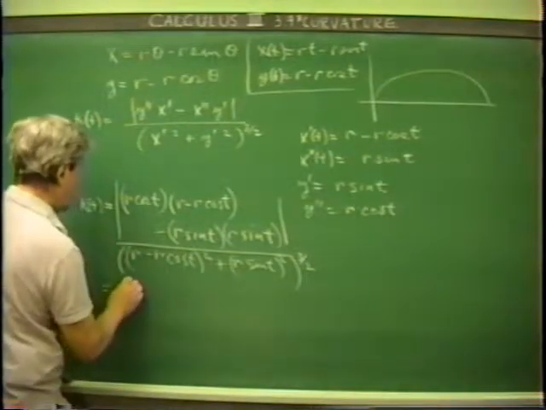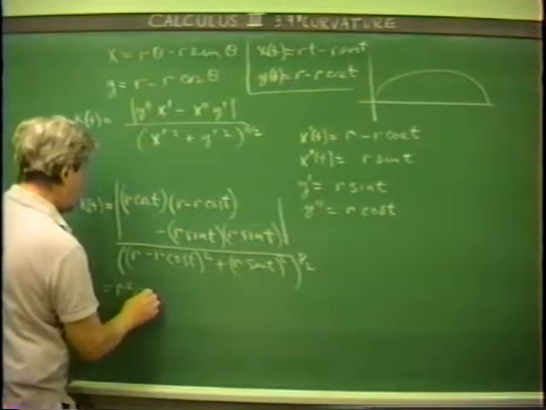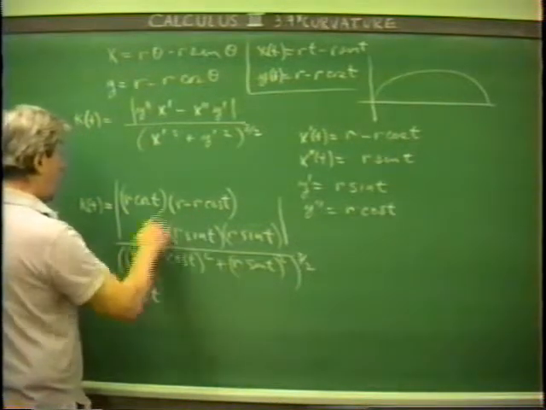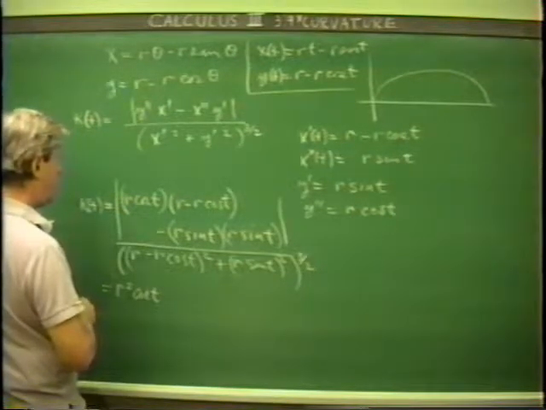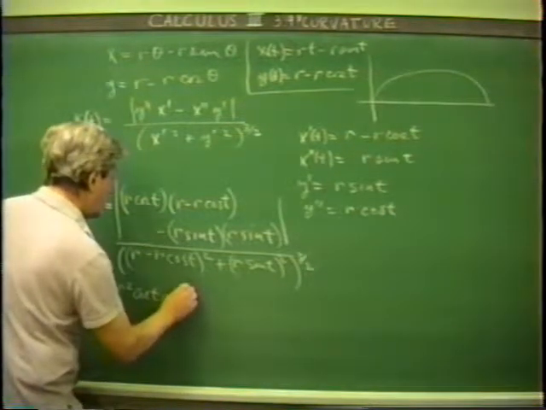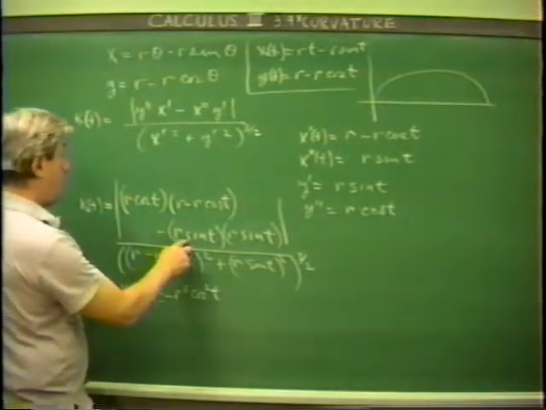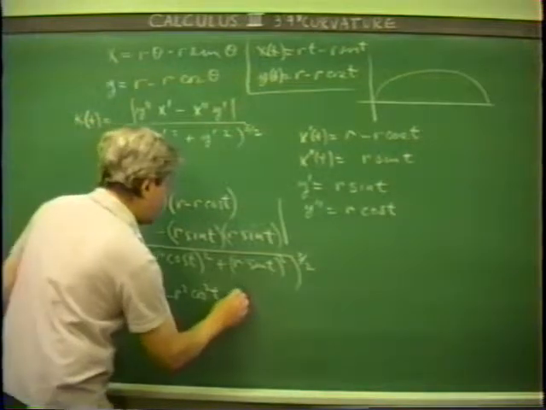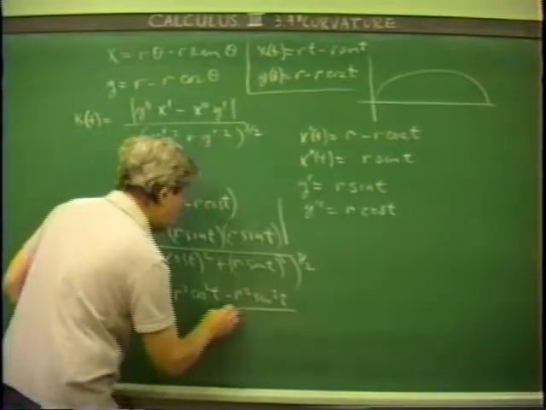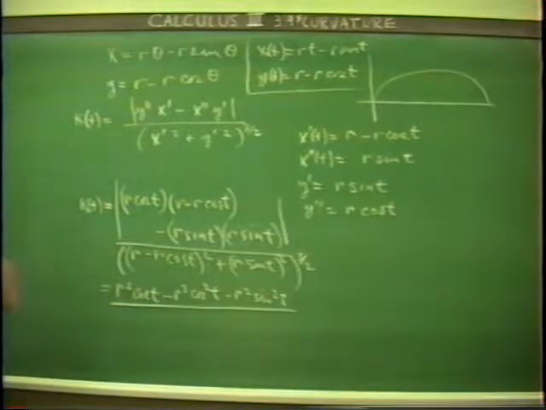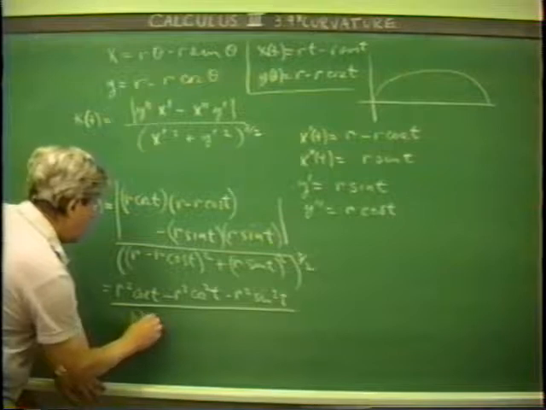Okay, let's simplify this just a little bit. I'm going to get r squared cosine t minus r squared cosine squared t, minus r squared sine squared t. That's the numerator.